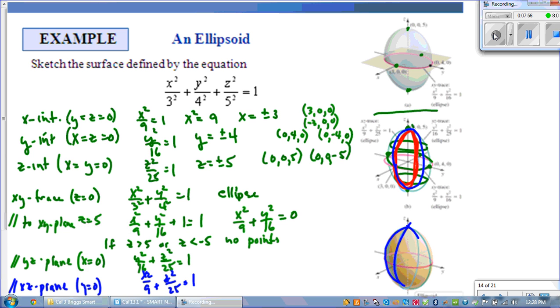Actually, it's this one right here. Okay, and any plane parallel to the XZ plane will just give us an ellipse down here. So if you can see the traces in each of the 3 directions, parallel to the XY, the YZ, and the XZ plane, give an ellipse, then you're going to have an ellipsoid.